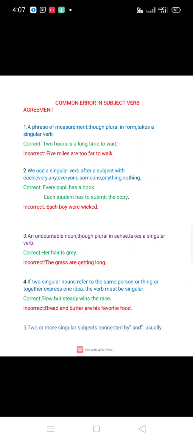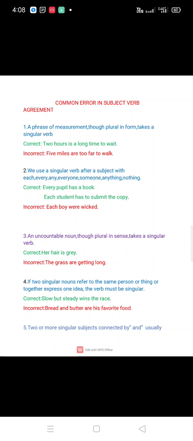So whenever we use each, every, anyone, someone, anything or nothing before a subject, then we should use singular verb, not plural. Every pupil has, singular verb is used. Each student has, singular verb is used.